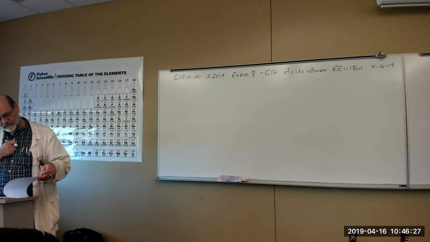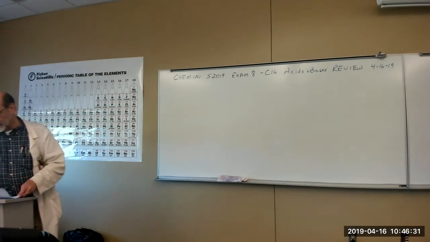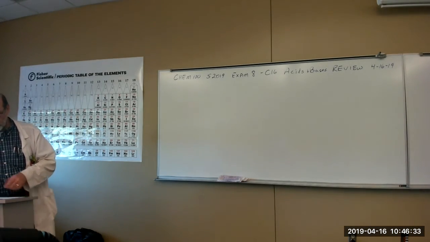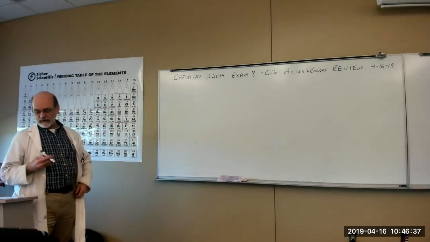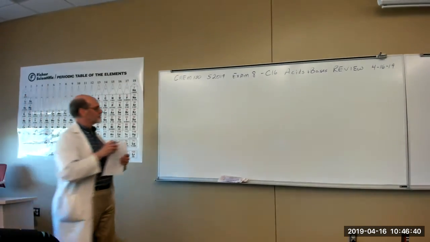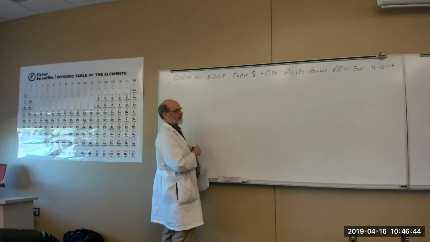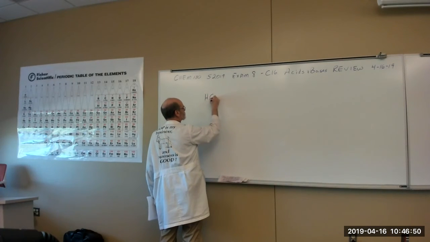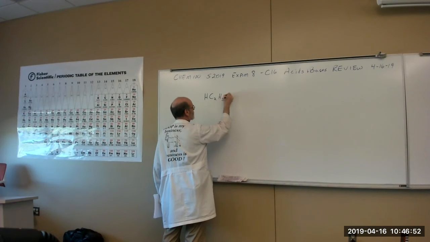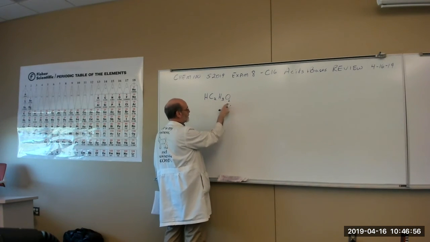Oh, the most common way to make a buffered solution is to combine the weak acid, let's use acetic acid. Okay, there's your acetate polyatomic ion.